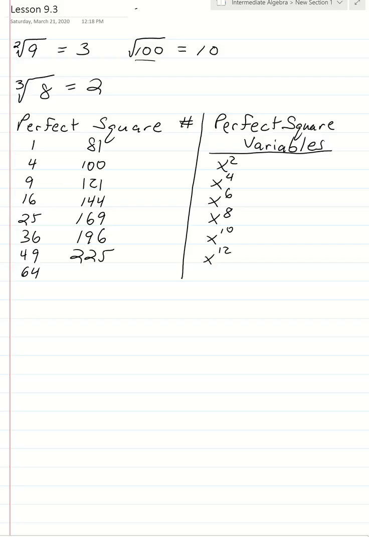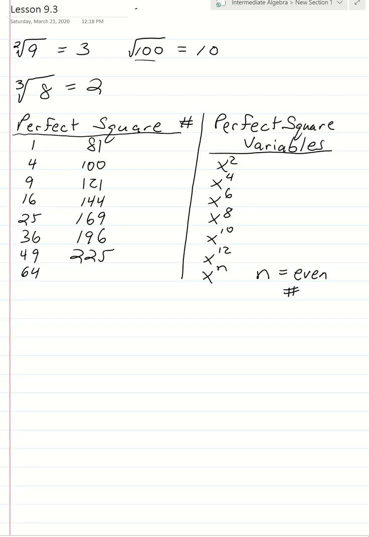These are all considered perfect square variables because the exponent, if we think about this algebraically, x to the n, this would be considered a perfect square variable under the condition that n is an even number, which means it basically has to be divisible by 2. Okay, so these are all perfect square variable numbers, and these are all perfect square numbers.